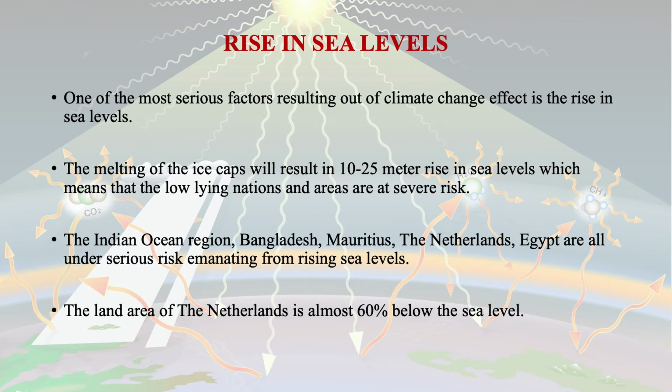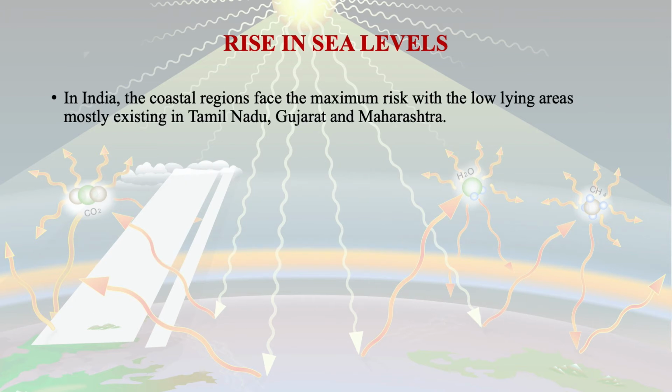The land area of the Netherlands is almost 60% below sea level. In India, the coastal regions face the maximum risk, with the low-lying areas mostly existing in Tamil Nadu, Gujarat and Maharashtra.